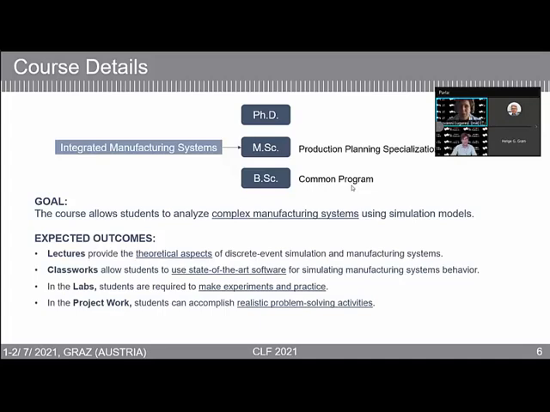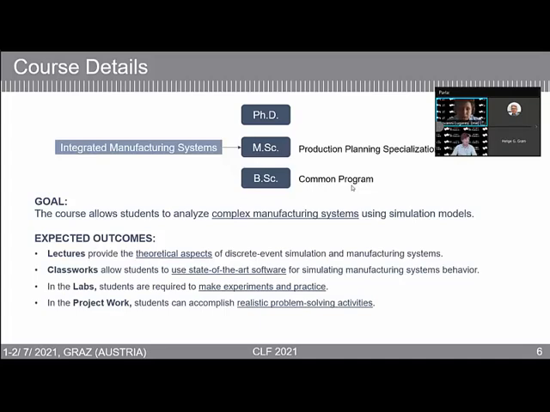In the course we have several activities. We have lectures of theoretical aspects, and we teach discrete event simulation as a tool for analyzing manufacturing systems. We also provide classworks in which students can use state-of-the-art software, so they can learn the tools, and laboratories in which they can make experiments and practice.